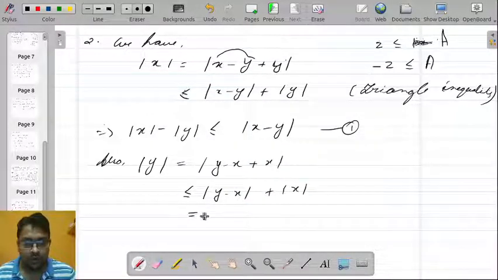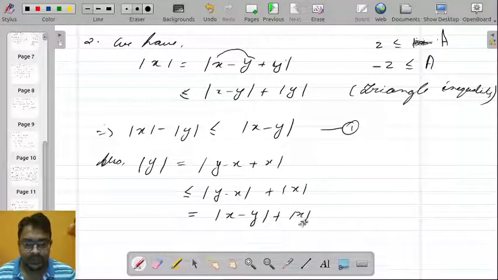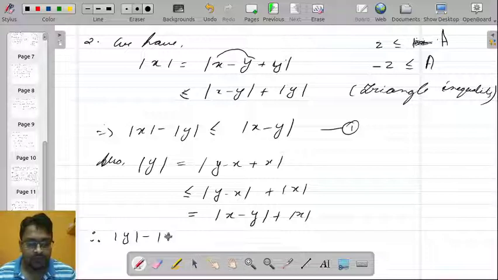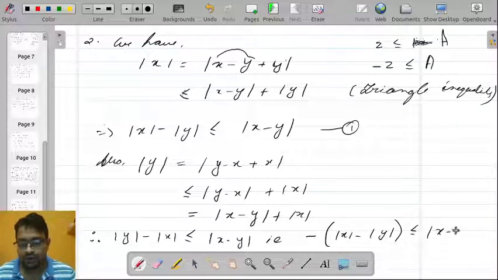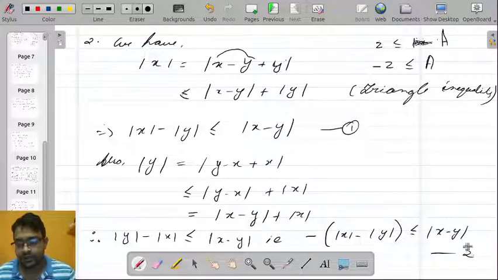But mod of y minus x is the same as mod of x minus y, plus mod x. So therefore mod of y minus mod of x is ultimately less than or equal to mod of x minus y. Okay, so this is 2.